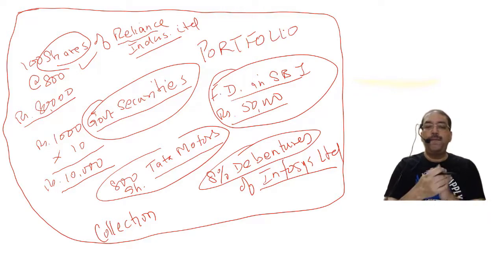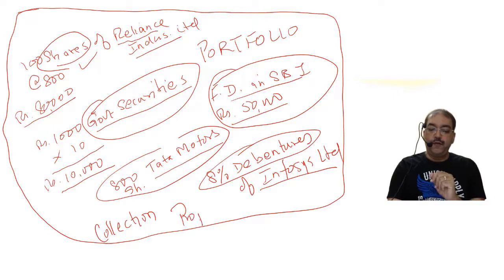So what is portfolio? Portfolio means a collection of shares, debentures, government securities, government bonds, fixed deposits with bank, and any other financial asset that I'm having. It can have property also. That is also an asset.